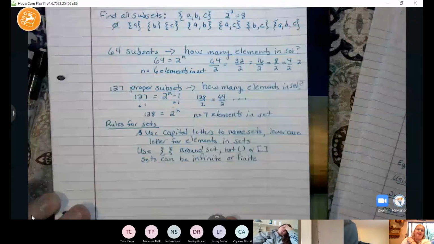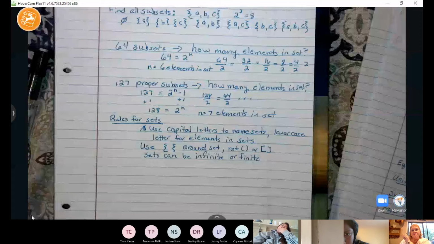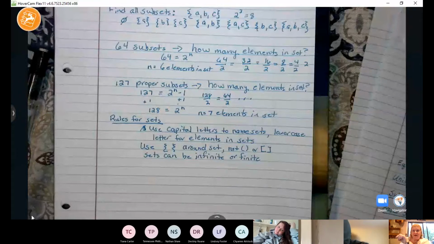Sets can be infinite or finite. Now, what's the difference between infinite or finite? Infinite means they go on forever. Finite means they stop, which means you can count them, how many there are.